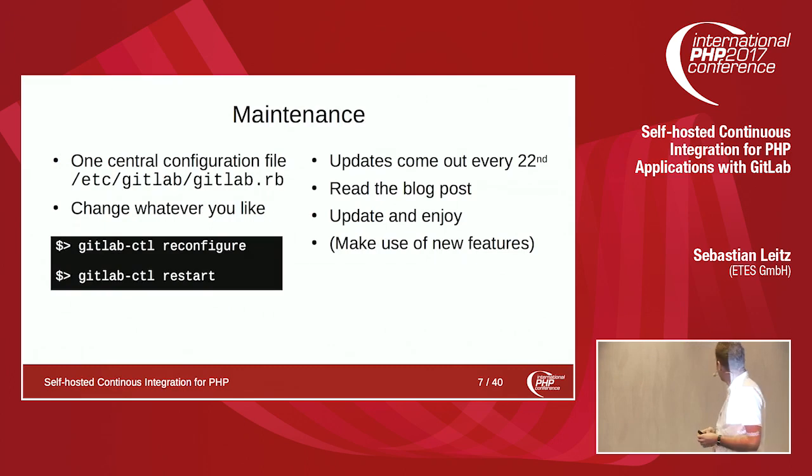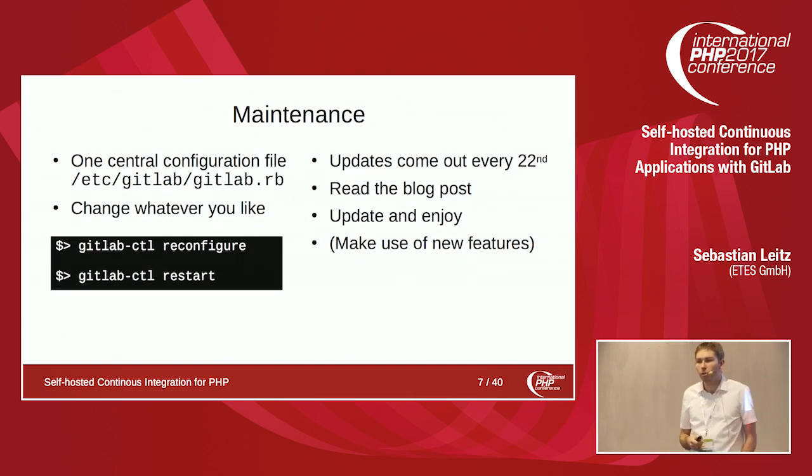Beware, GitLab has a very active maintenance or development cycle. They really release a whole new release every 22nd of a month. So you at least have 12 major upgrade events in a year planned. But they make it hassle-free. You just do a yum update or apt-get upgrade, or however you call it in that distribution.